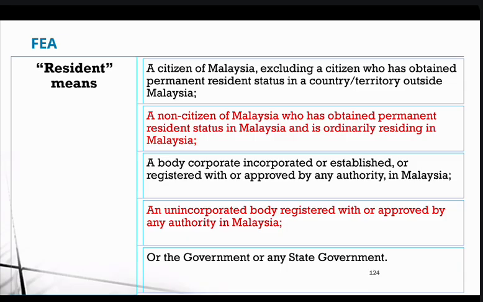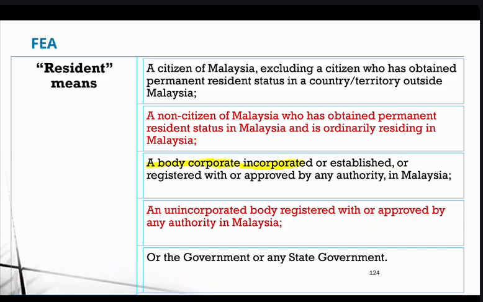I want you three to look at what I wrote here. Janice, Shreya, and Asmita. What does it say here on the third point on the slide? It says a body corporate, incorporated or established or registered with or approved by any authority in Malaysia.